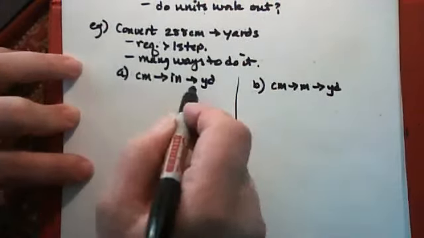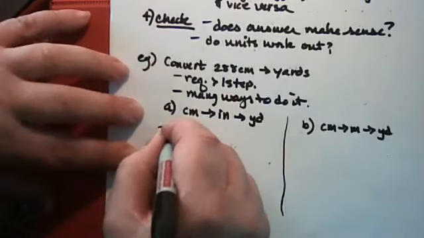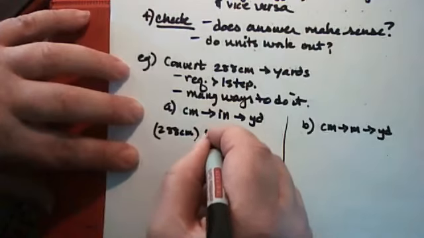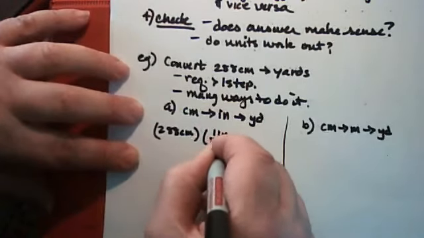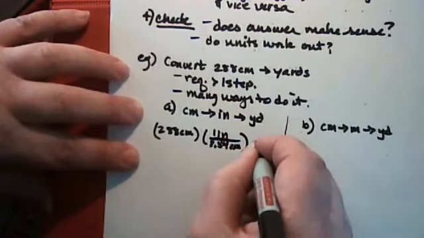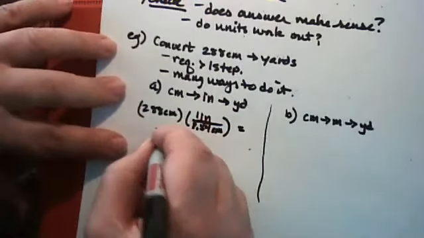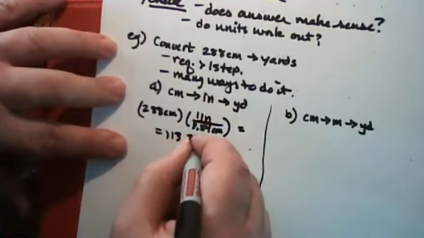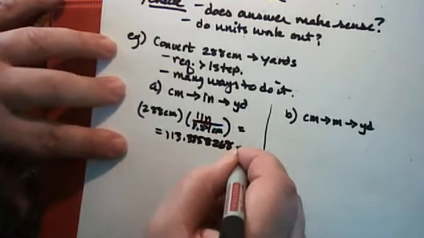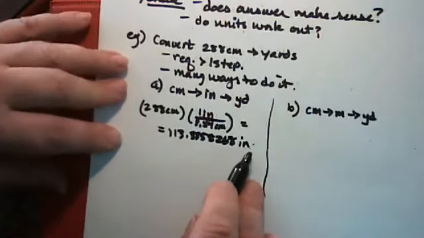So going from centimeters to inches to yards, we can take 288 centimeters, and there's 1 inch for every 2.54 centimeters. And that gives us 113.385828 inches.